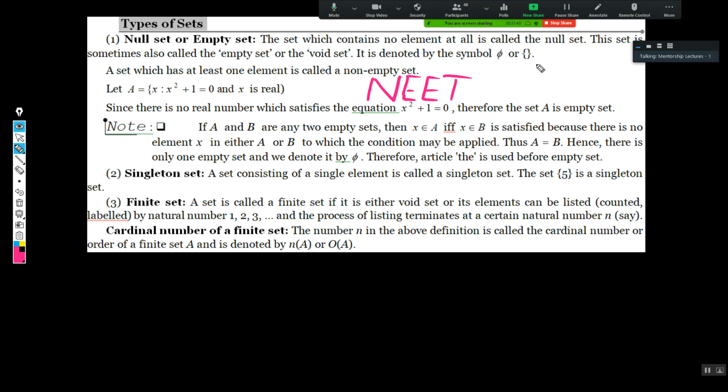How many of you are appearing for NEET? No one raised their hand. So 0. It is nothing but a null set. The number of students appearing for NEET from this group is an empty set or null set. It is very, very simple.